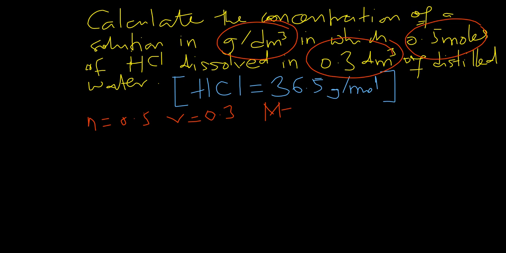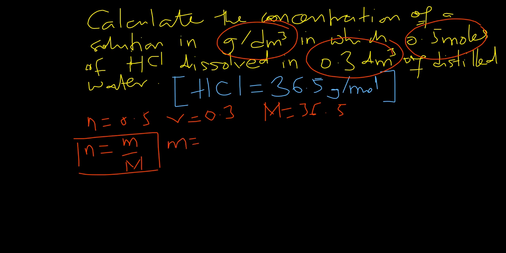36.5. Is there any other information? No. You know mole equals mass over molar mass. From here, you can do a change of subject. That gives mass equals mole times molar mass.